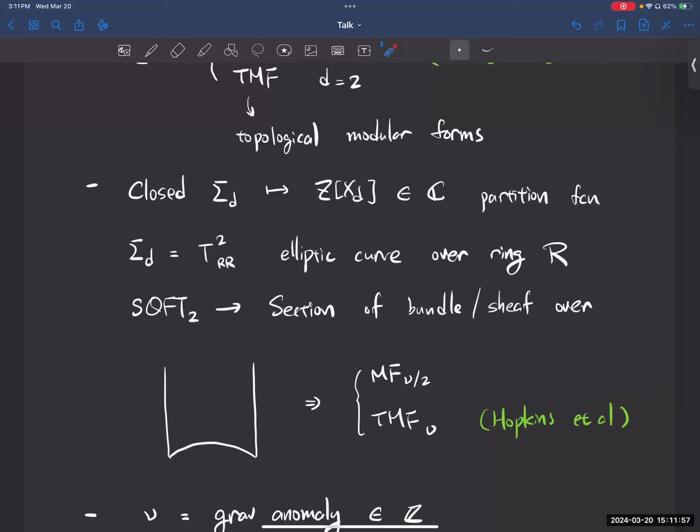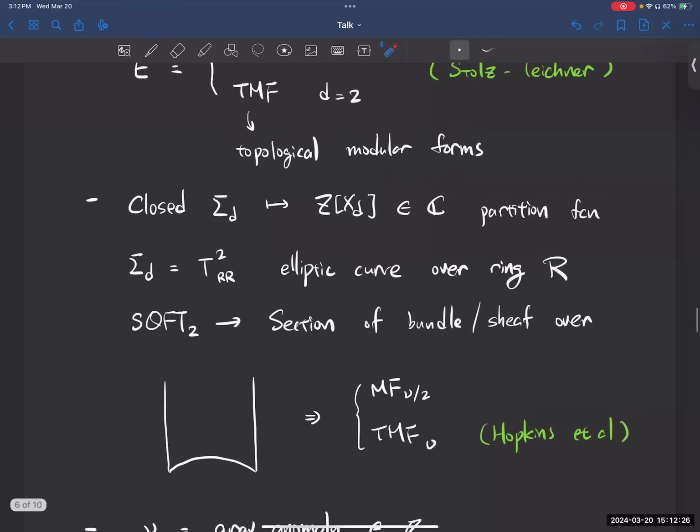If we're given a consistent QFT, and you give me any closed manifold with some appropriate amount of structure, then it spits out the partition function, which is basically some complex number that depends on the parameters. So you think of it as a number or some function from the parameters to the complex numbers.